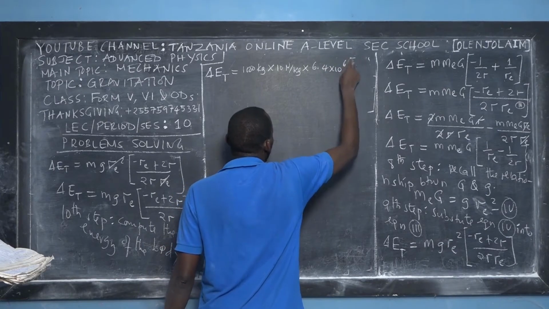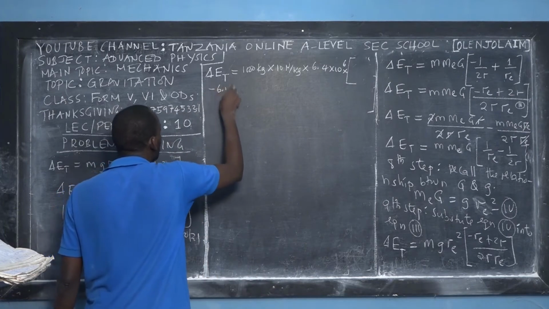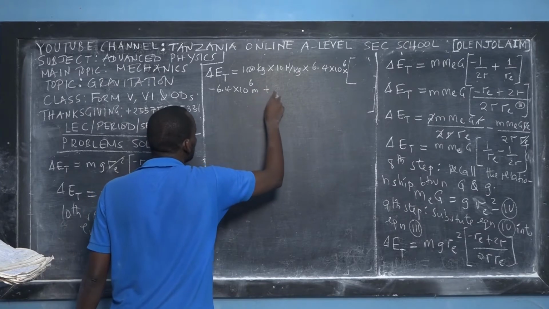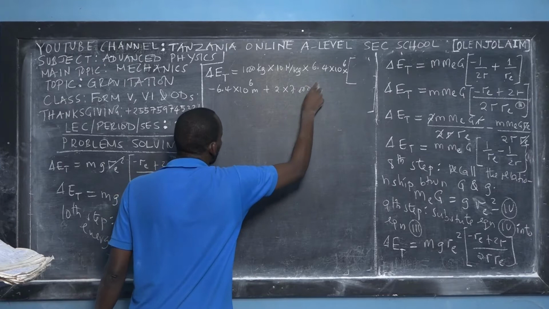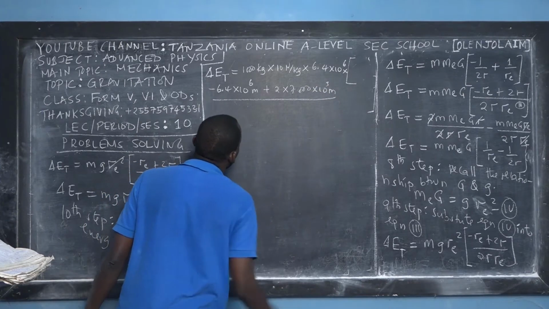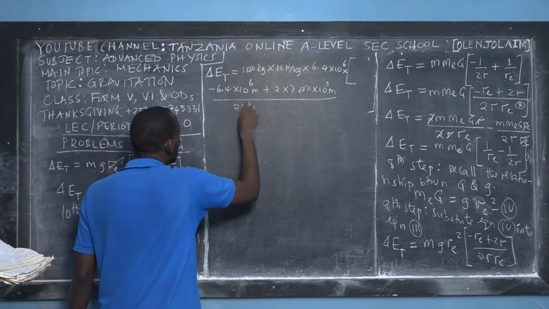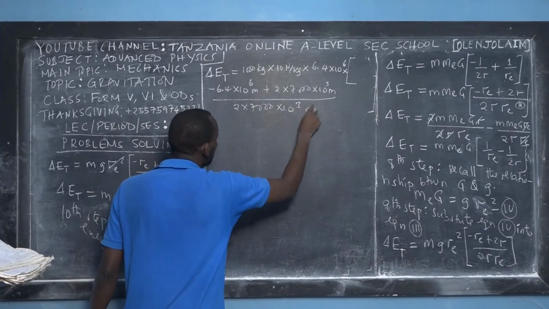And then in the bracket, negative 6.4 exponent 6 meter plus twice times 7 exponent 6 meter, and then the denominator is twice times 7 exponent 6 meter.